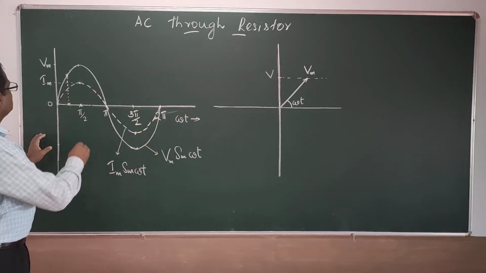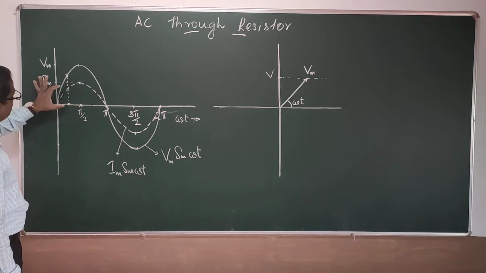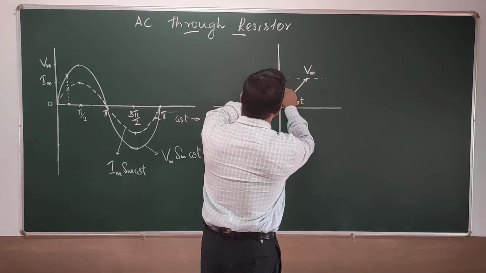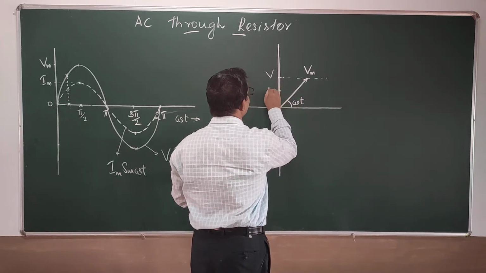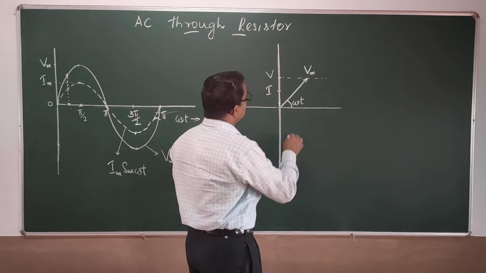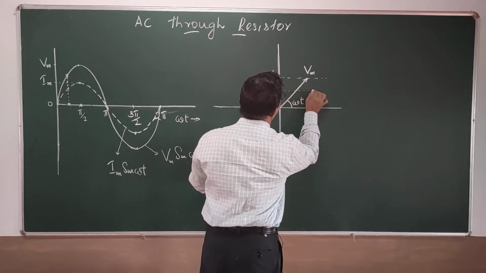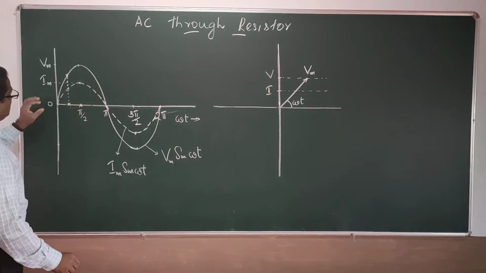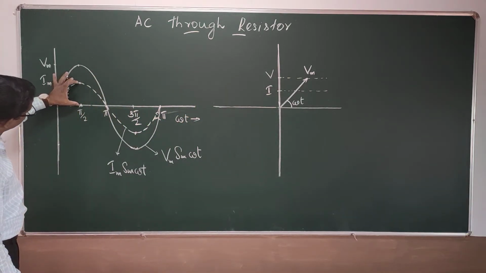Now at the same instant the current is here. I measure that current. This is the current I at that instant. Then I can measure the peak value of current, that is this much.